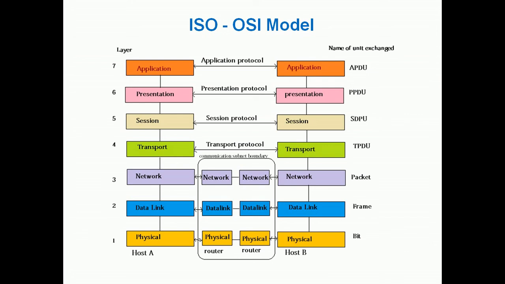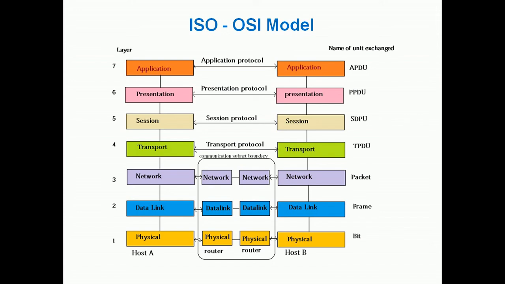Both devices do not match in their hardware architectures and do not match in their software operating system requirements. In spite of that, if both devices are in the network, they can communicate using this OSI model.